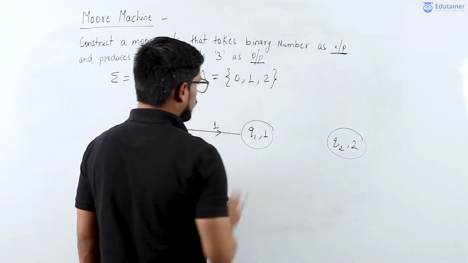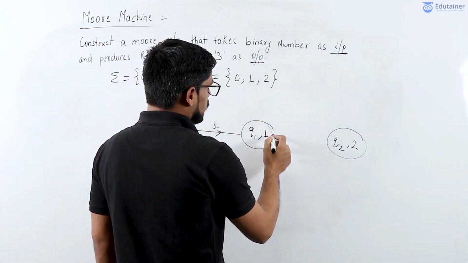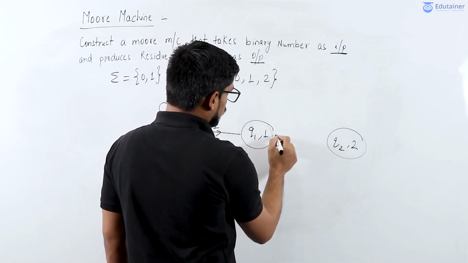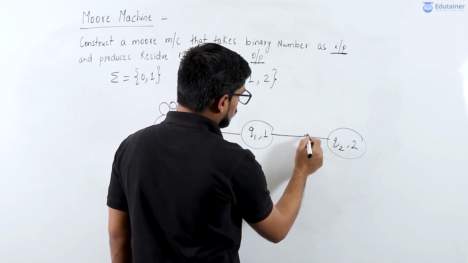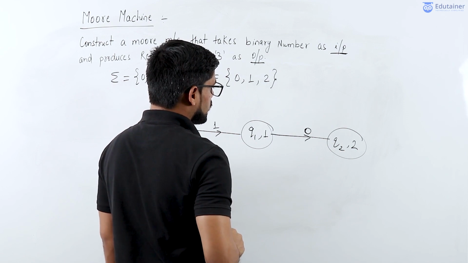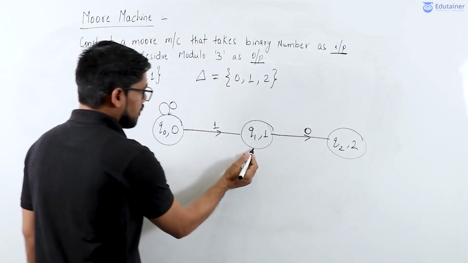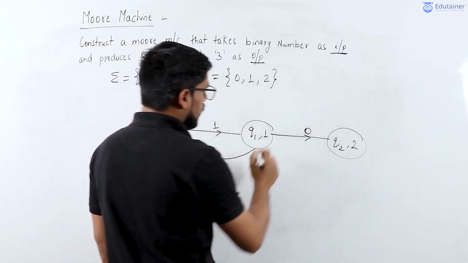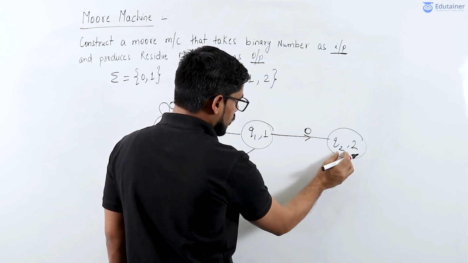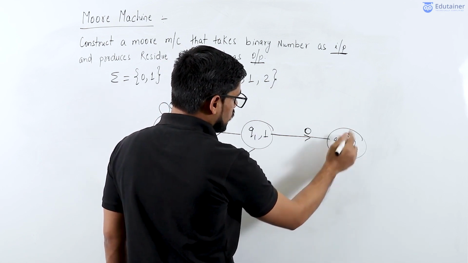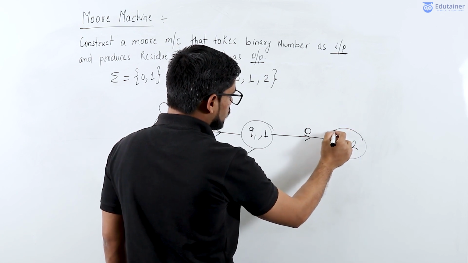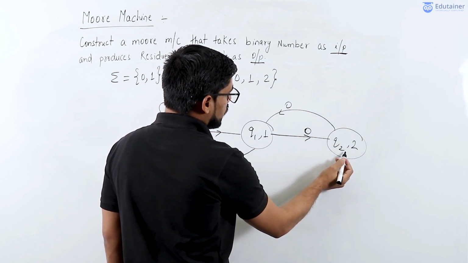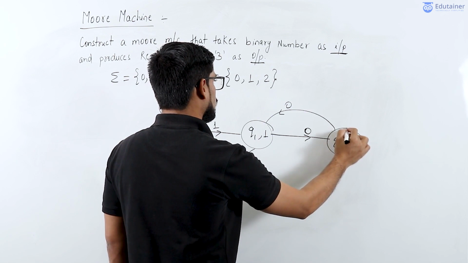Okay, now in state Q1, if I see input 0, I will go to the state Q2. And if I see input 1, then I will go to the state Q0. Okay. And if I see input 0 in the state Q2, then I will go to the state Q1. And if I see input 1, then I will go to the state Q2 itself.